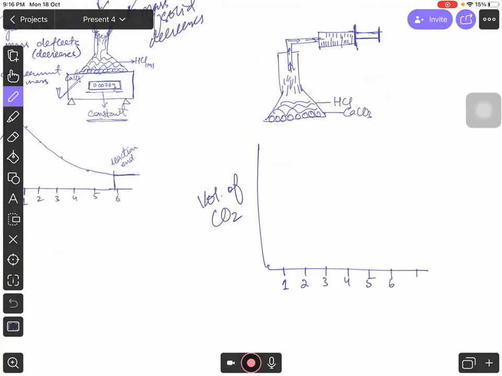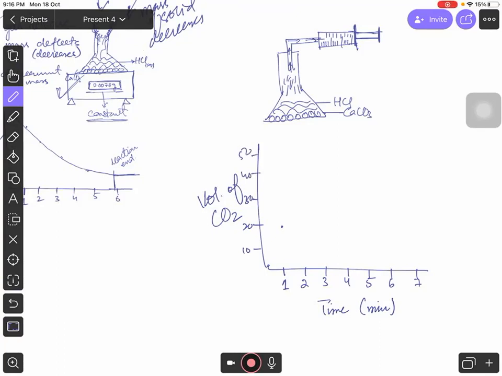If you want to use the scale of time in minutes, you can use this, and if you want to use the scale in seconds, you can use this, right? Now for example, the volume of carbon dioxide is, say, 20 centimeter cube, for example, 30, 40, whatever the scale, you can draw any.